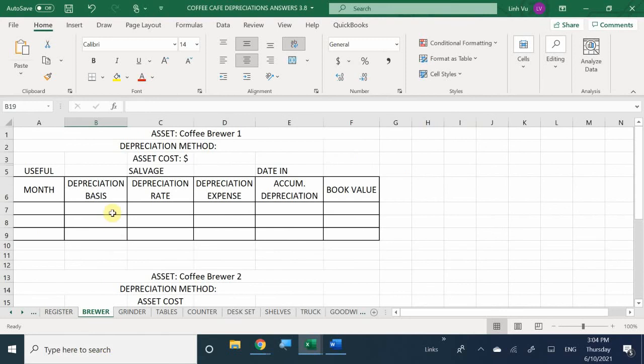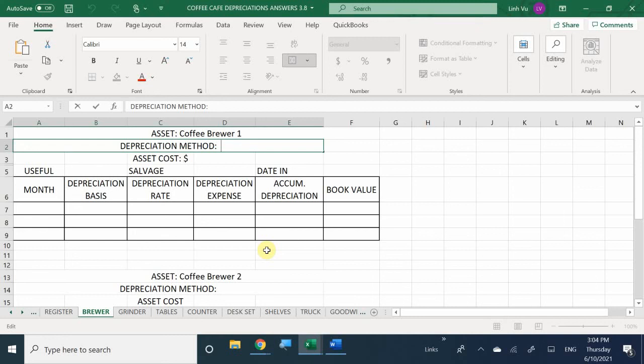What depreciation method am I going to be using? Straight line. So SL for both, okay?